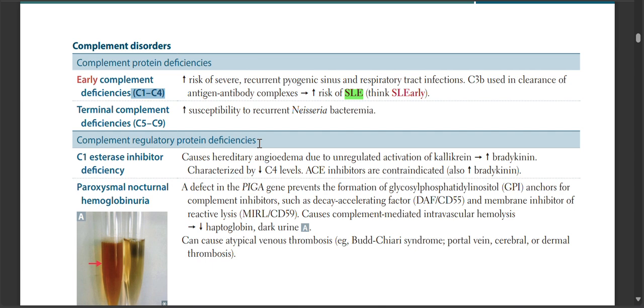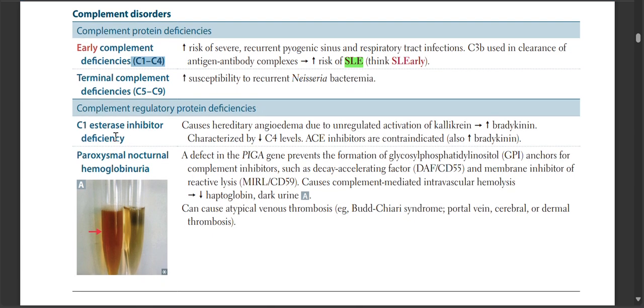Okay. Now, remember when we talked about C1 esterase inhibitor, which prevents complement activation against our own cells. Some patients can have a deficiency of this enzyme, and when you have a deficiency, the most common thing that you'll see is something called hereditary angioedema.